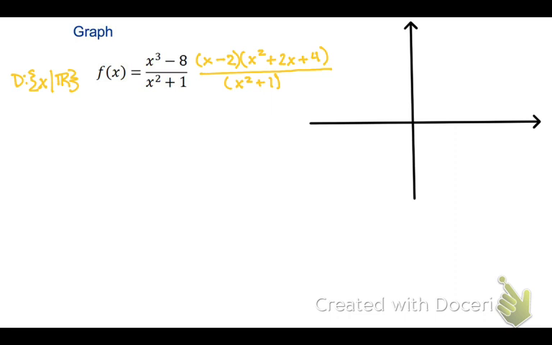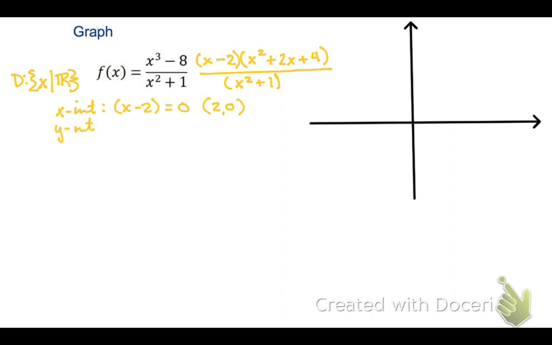This might look kind of funny when we're done with this graph. Intercepts. So x-intercept. Now remember I just said that x squared plus 2x plus 4 is never a real solution, right? So I'm just going to put x minus 2 equals 0. So my x-intercept is (2, 0).